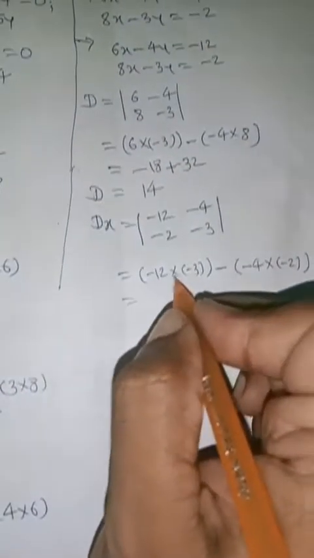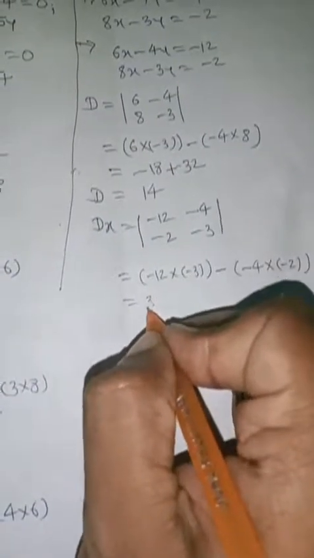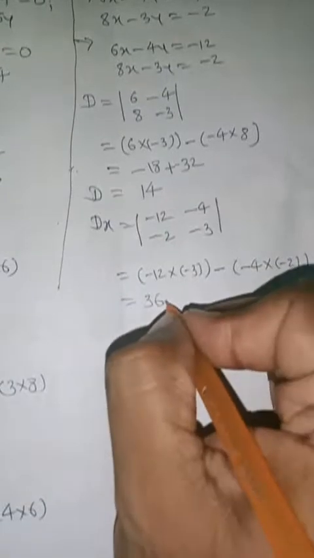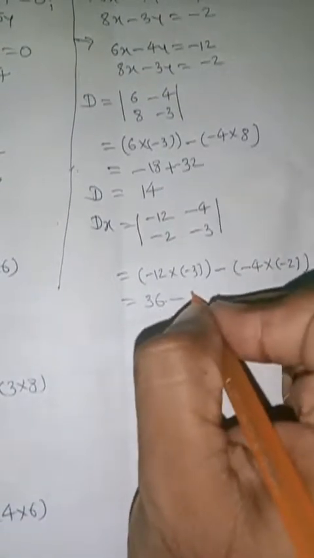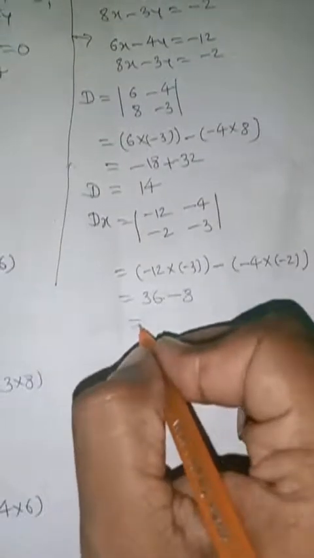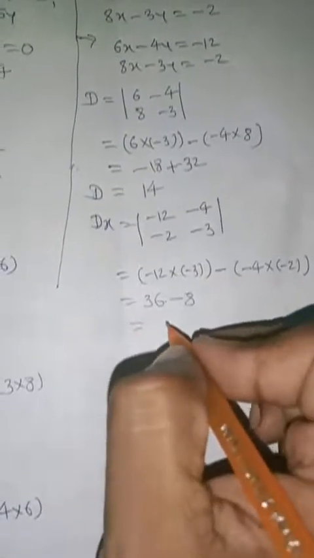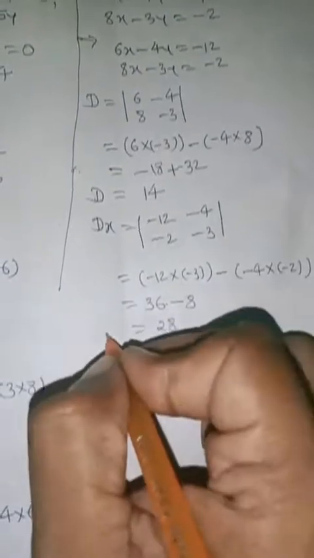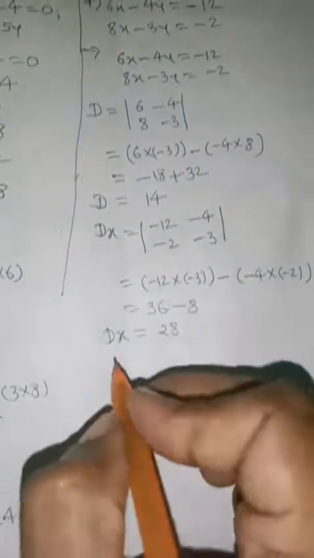This minus minus becomes plus. 12 into 3 is 36. Minus 4 into minus 2 is minus 8, and 36 minus 8 is 28. Dx is equal to 28.